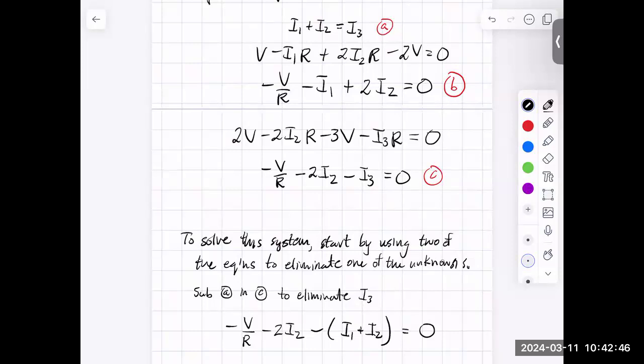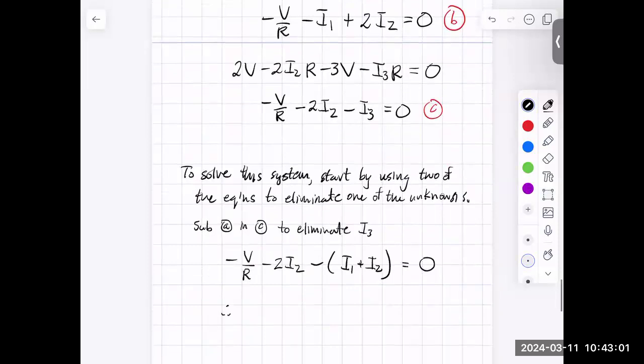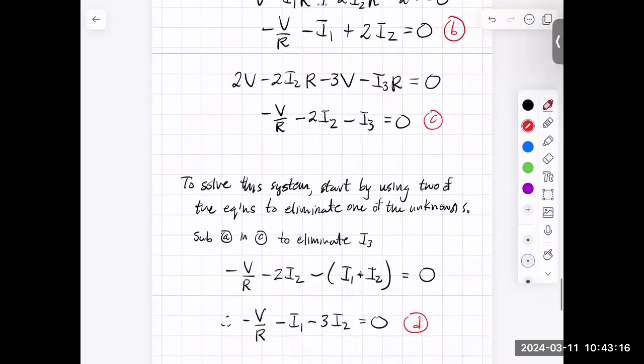Okay, that's not so bad. I have now minus 2I2 minus I2, so we'll end up with a minus 3I2. And then in addition to that, we have a minus I1. So therefore, we could write this as minus V over R minus I1 minus 3I2, and that's equal to 0. I'm going to call this now equation D. Okay, so now if you look at equations B and D, they are 2 equations in the unknowns I1 and I2.